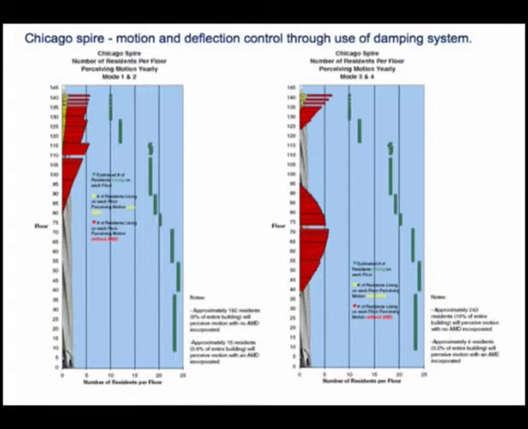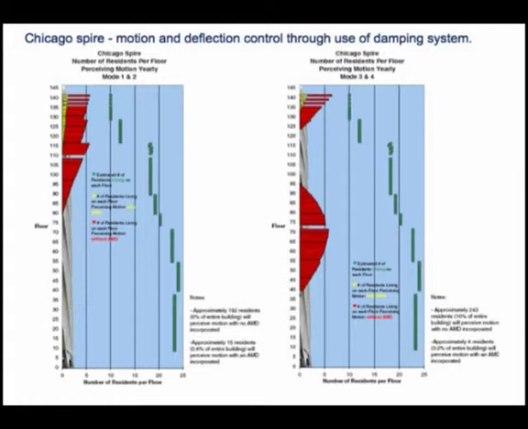And on the vertical axis, the number of floors. The red bars you see are the number of residents per floor that would perceive motion, so a level of accelerations of about 5 milli-g. On the left, you see the fundamental modes in red. On the right, you see the higher modes in red.